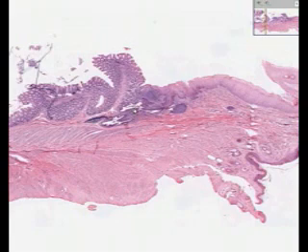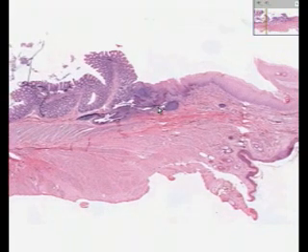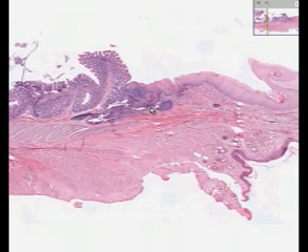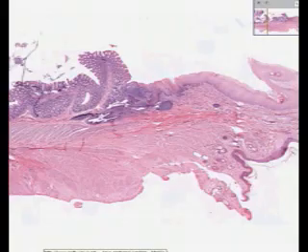Perhaps that's not the best definition, but it's a general rule of thumb. And this is a very, very nice ano-rectal junction or squamocolumnar junction, and I thank you very much.